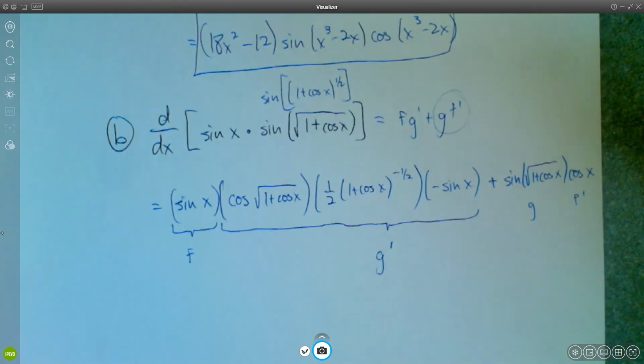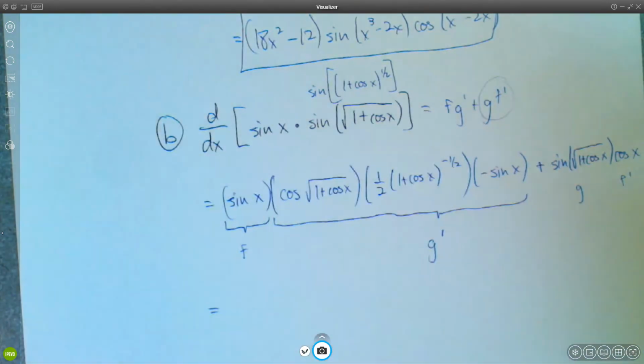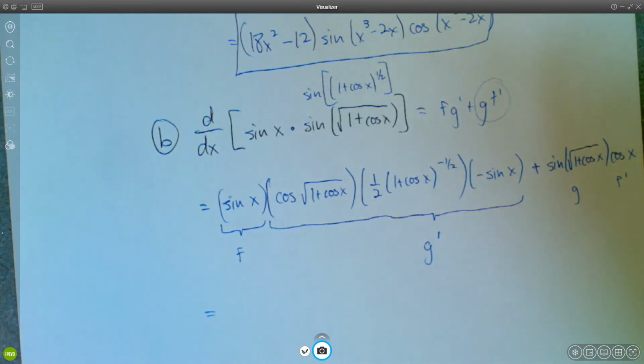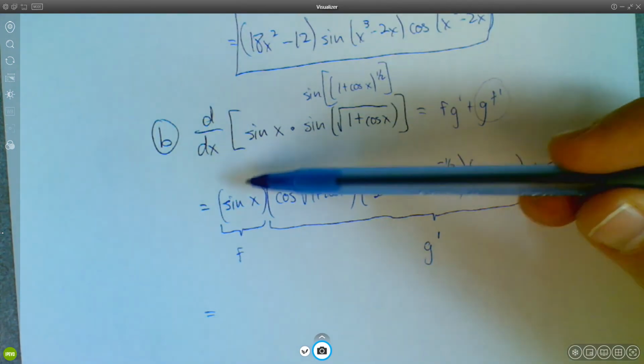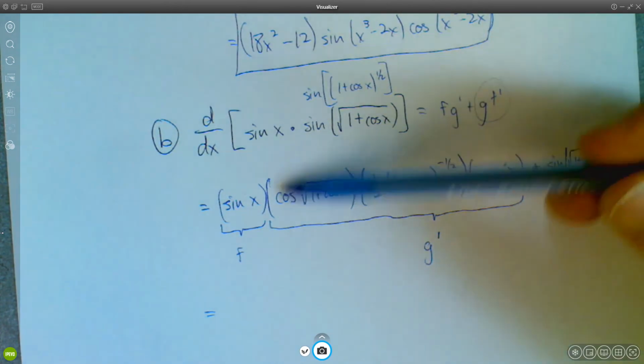Okay, so that's that. The rest is simplification, which is a little nasty here. This will give me a negative sine squared in the numerator. This stuff is also in the numerator.